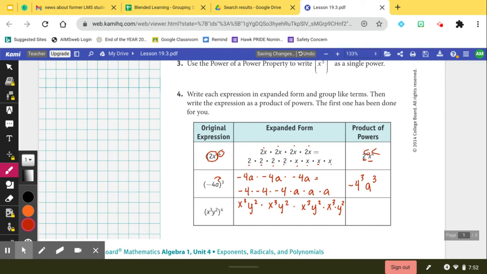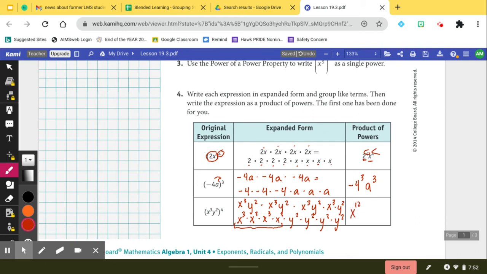And so rearranging my like bases, you have x to the third times x to the third times x to the third times x to the third times y squared times y squared times y squared times y squared. Well, we know that each of these x to the thirds can be written out as x times x times x. So that would be x to the 12th power.